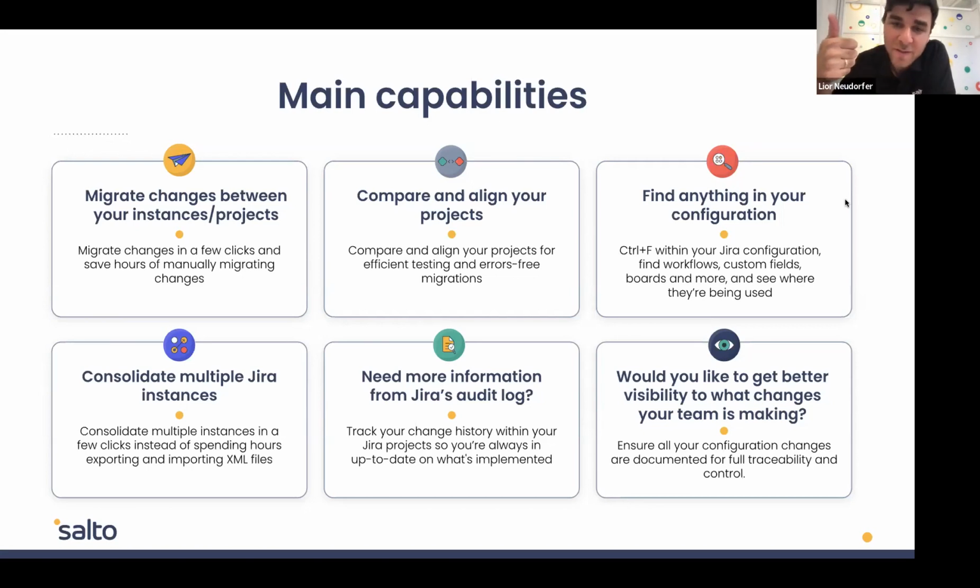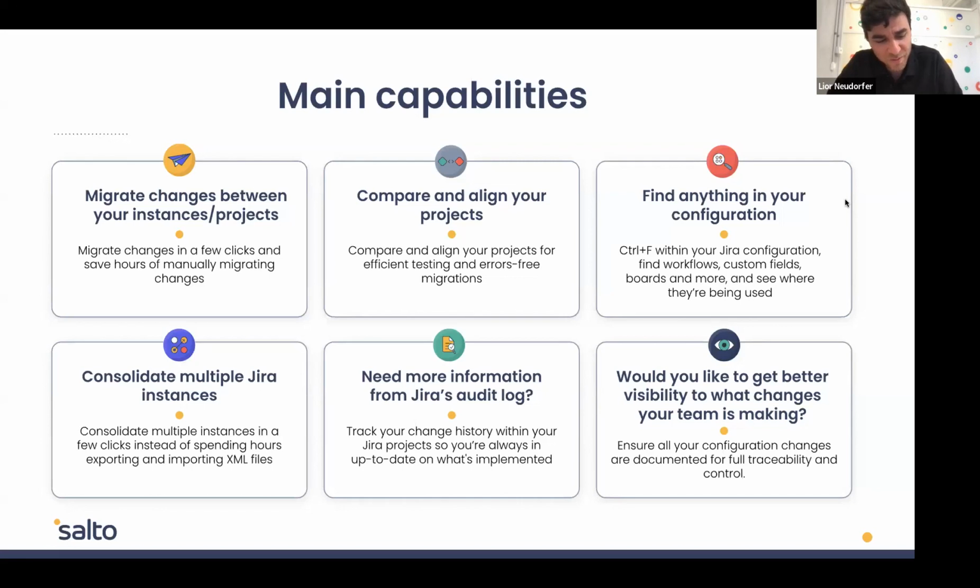Workflow transitions, automations, a JQL query. Great. Just with one search box, you can search across your entire Jira configuration and understand where things are used. That's super important when you want to make changes and you want to make sure that the change is not going to break anything.